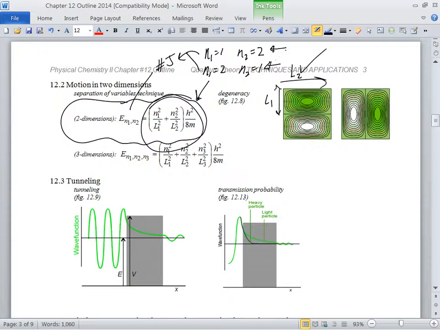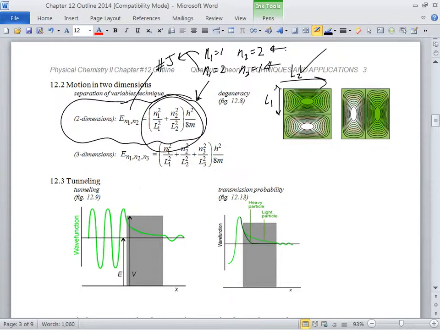Yes. They're two different states, but they have the same energy. What was the word for that? Degenerate. They're degenerate, right? So it seems like every single state is doubly degenerate, as long as those quantum numbers are different. All these states are doubly degenerate.